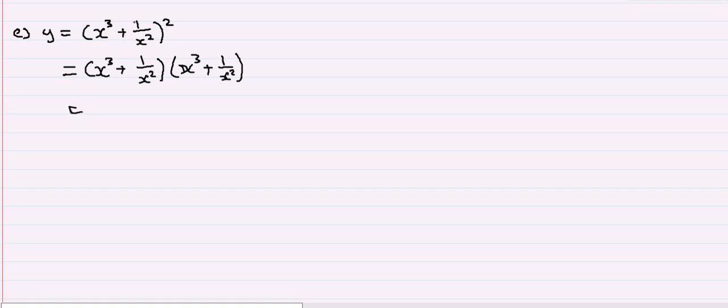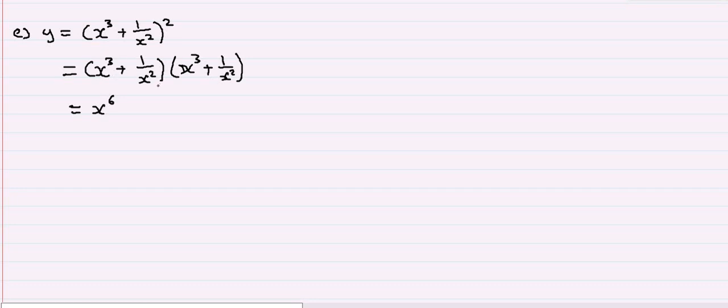Then I believe from now you know how to simplify binomial by binomial, meaning our y will be the same as x cubed multiplied by x cubed, it's x exponent 6.